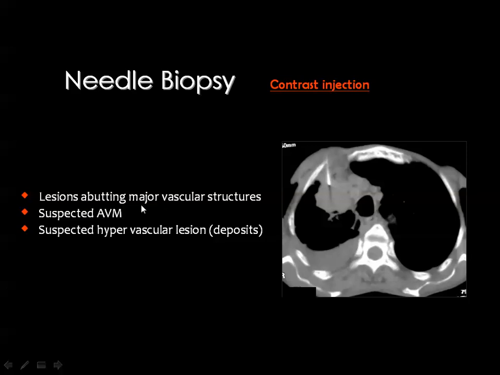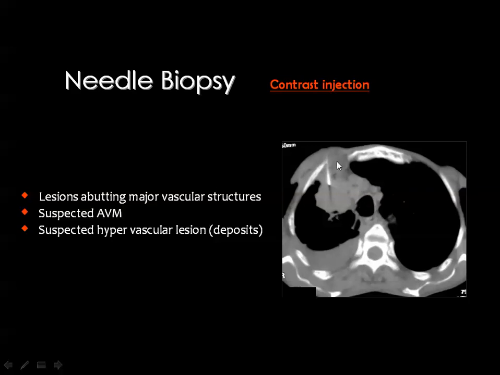Then lesions abutting the major vascular structures, like in this case you are here in the region of the brachiocephalic trunk and the brachiocephalic artery as well.